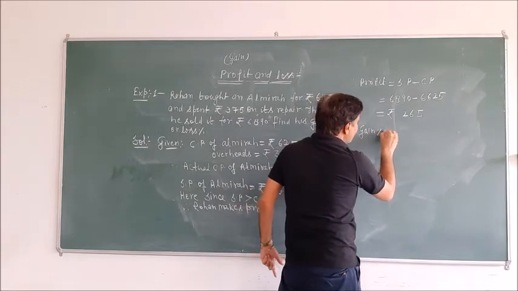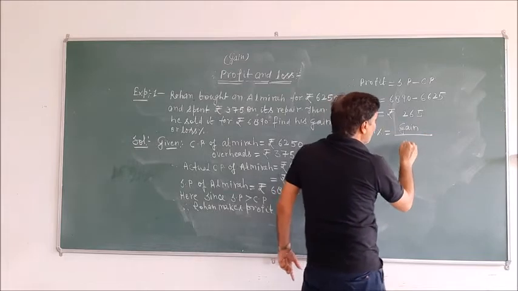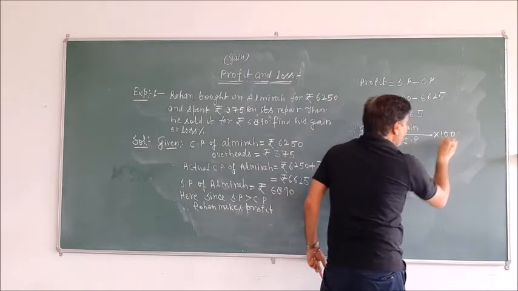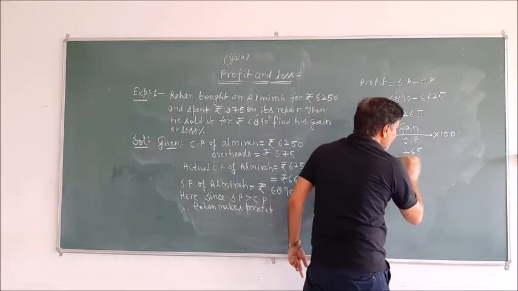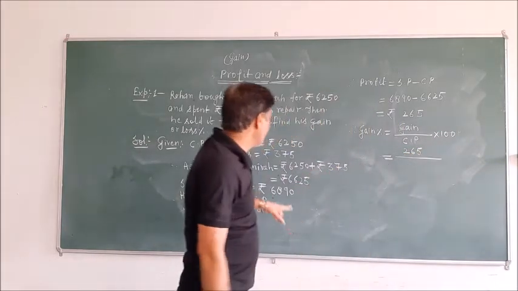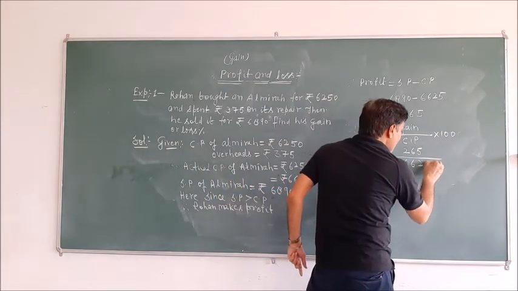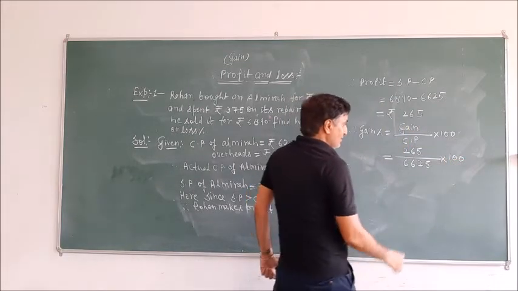Now we want to find the gain or profit percent. Gain percent equals gain upon cost price into 100. Here we have gain of rupees 265 and the actual cost price of the almirah is rupees 6,625, and this whole is multiplied by 100.